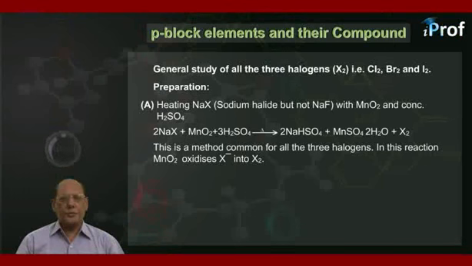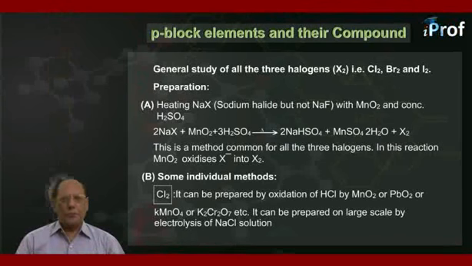The reaction is 2NaX plus MnO2 plus 3H2SO4 on heating give 2NaHSO4 plus MnSO4 plus 2H2O plus X2. This is a method common for all the three halogens. In this reaction, MnO2 oxidizes X minus into X2.